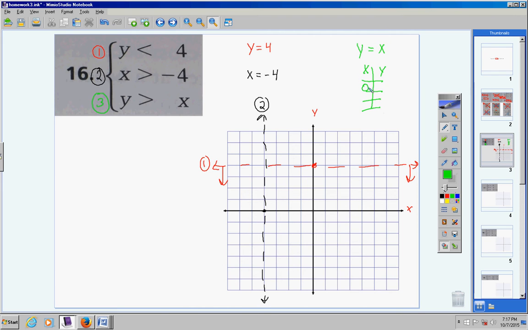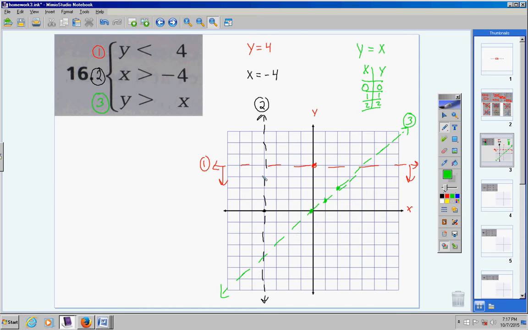Put a 0 in for x, get out a 0 for y. Put a 1 in for x, get a 1 out for y. Put a 2 in for x, get out a 2. Pretty simple. So 0, 0, 1, 1, 2, 2. Now it will be a dotted line, so make sure you use a dotted line when you connect those 3 points. And look at that, students. There we go. That's line number 3.